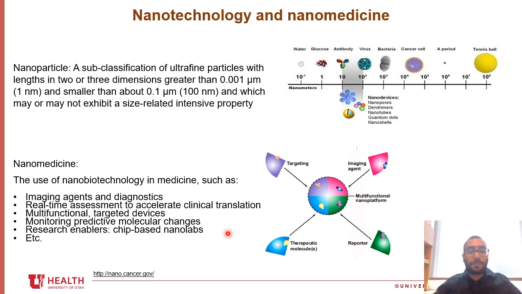You can do that on the organ on the chip now. So these are just a few of the applications or examples where you can see the use of nanobiotechnology in medicine.